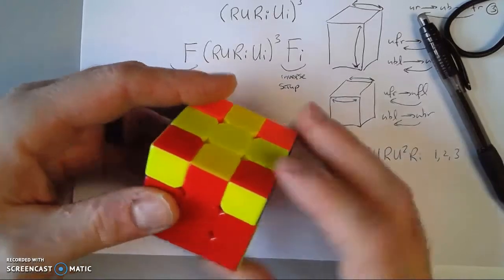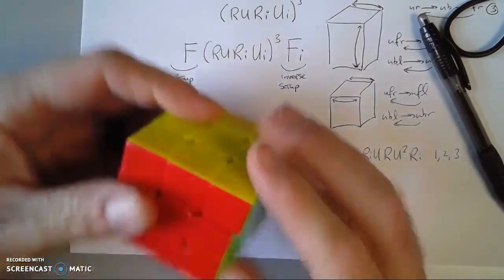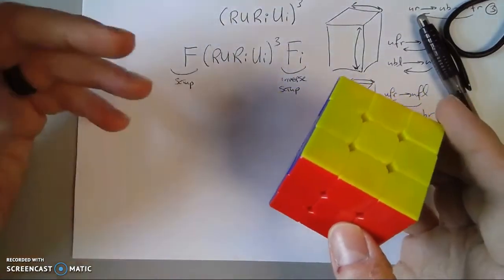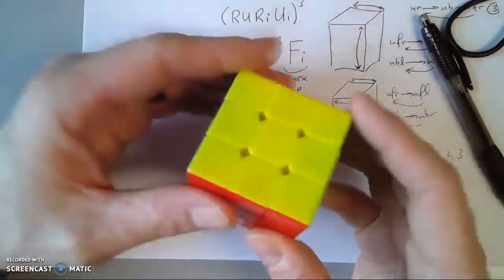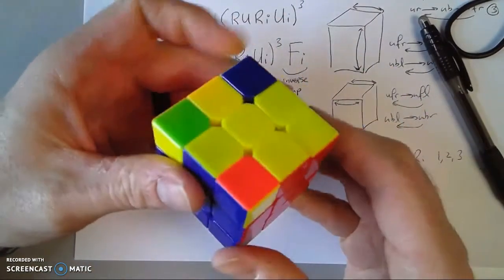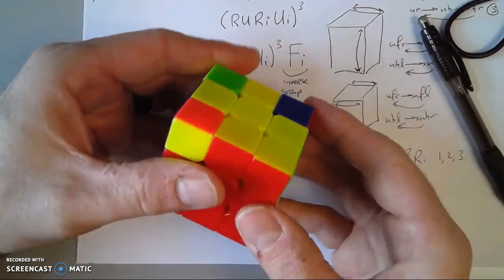All right. So let me set up something to make that more apparent. It doesn't matter necessarily where the pieces go. So if I did something like this, and let's see, what do I want?